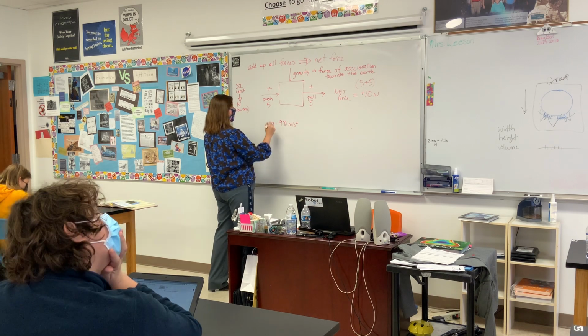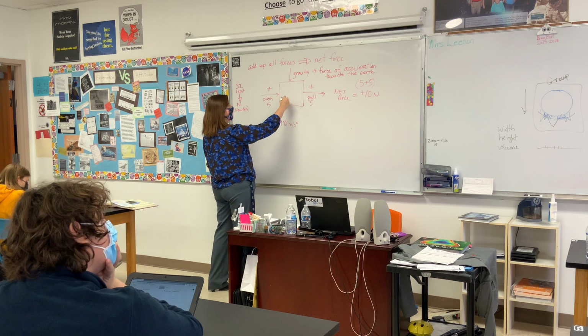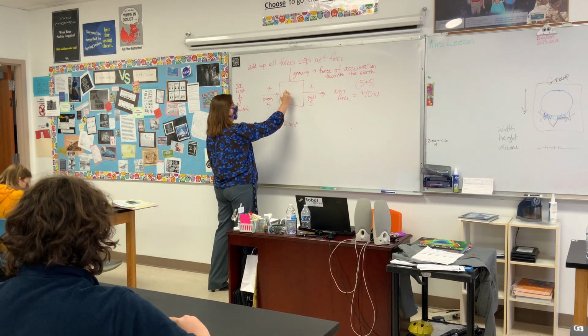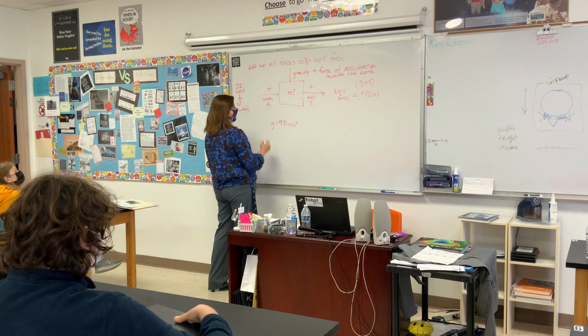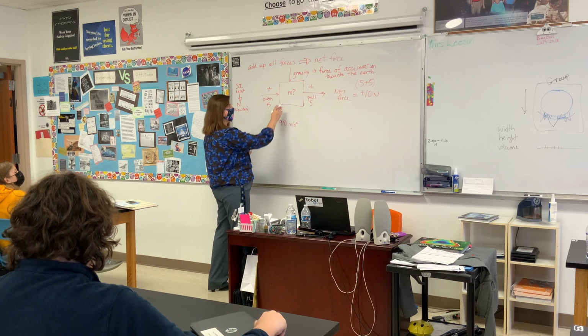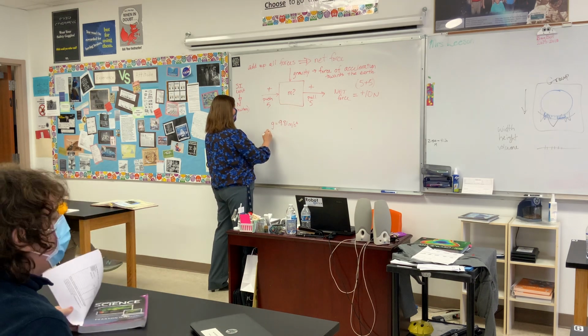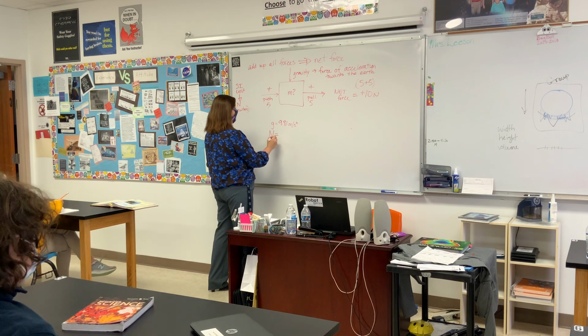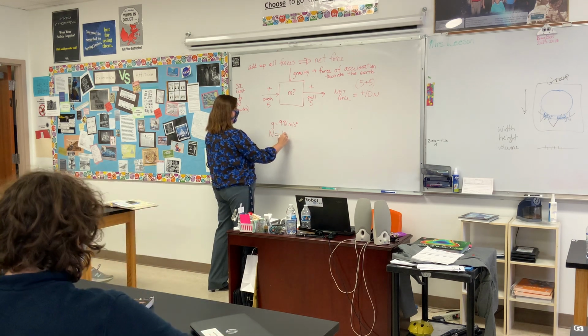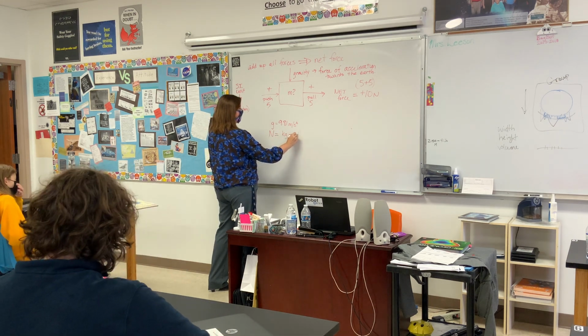If I want to figure out what force is acting on this, I need to know what the mass is. I need to know how many kilograms this is, because a Newton is a kilogram times meters per second squared.